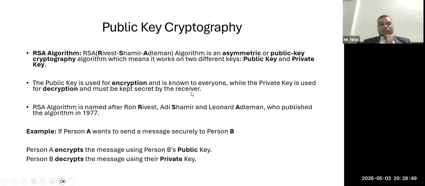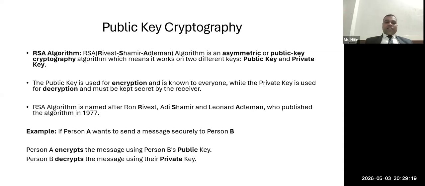Guys, in the RSA algorithm we use two keys. Number one, the public key, which is known to everyone. This means if I am the sender and I know the public key, I can encrypt the information with the help of the public key. It will get transferred, and then with the help of the secret key, decryption will be done by the receiver or the destination.